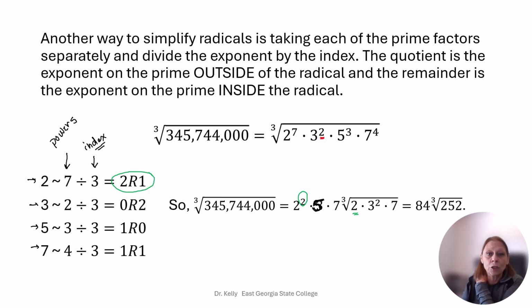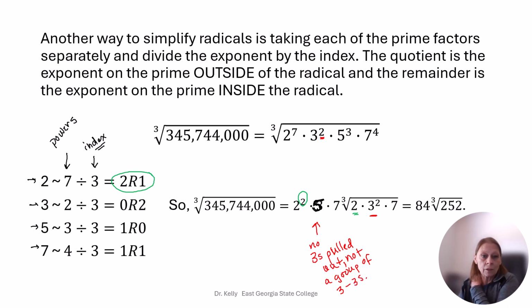And 3 goes into 2 0 times, so there are no 3's pulled out here because there was not a group of 3's. So it had to remain.